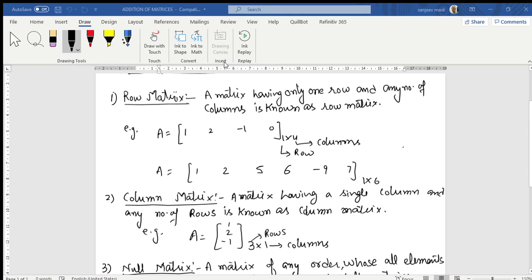It is a square matrix of order 2 by 2 in which, except the diagonal, the rest of the elements are 0. These are the diagonal elements. A matrix is said to be a diagonal matrix if all its non-diagonal elements, this is a non-diagonal element, this is also a non-diagonal element, are all zeros, but the diagonal elements are any numbers.